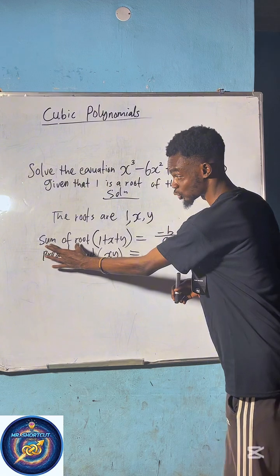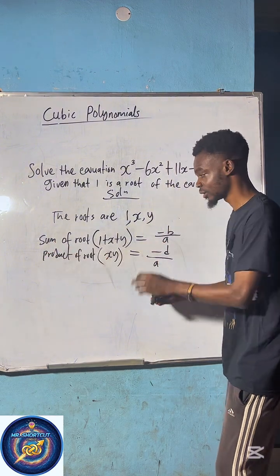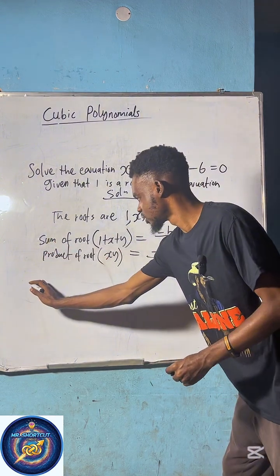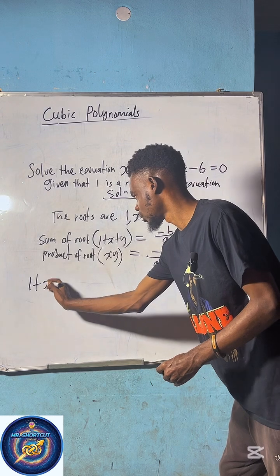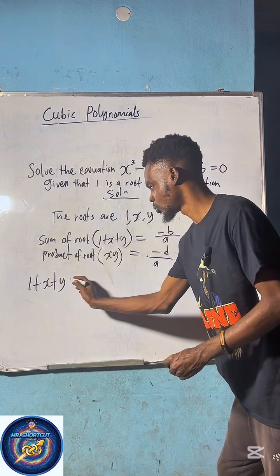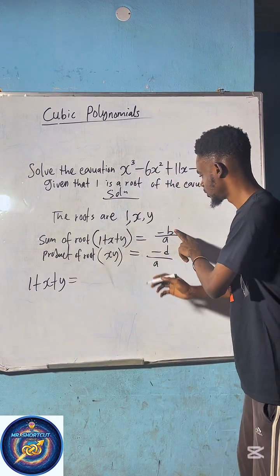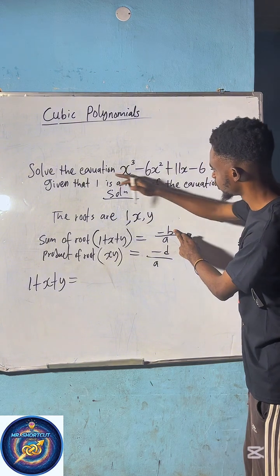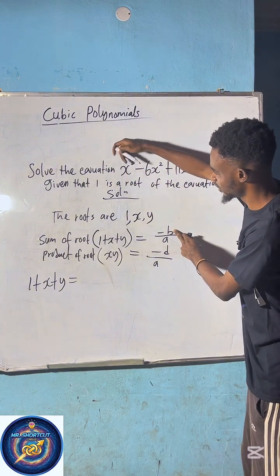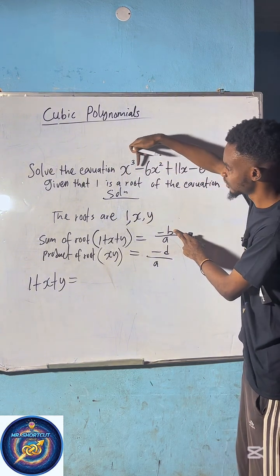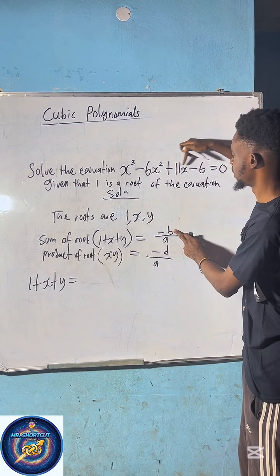Let's find the actual sum of roots using this formula. So 1 plus x plus y, which is the sum of roots, is simply minus b over a. Now, what is b from the polynomial? This is a, this is b, this is c, and this is d.